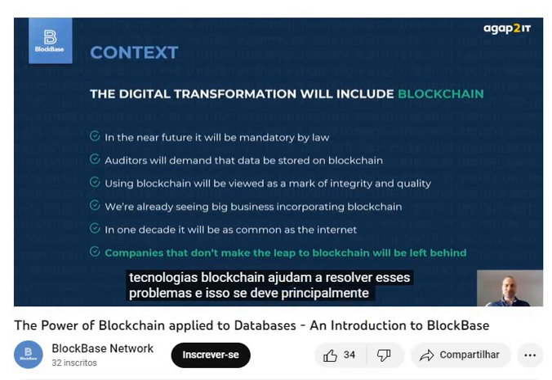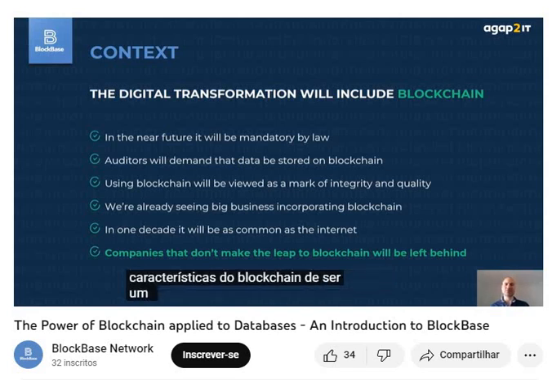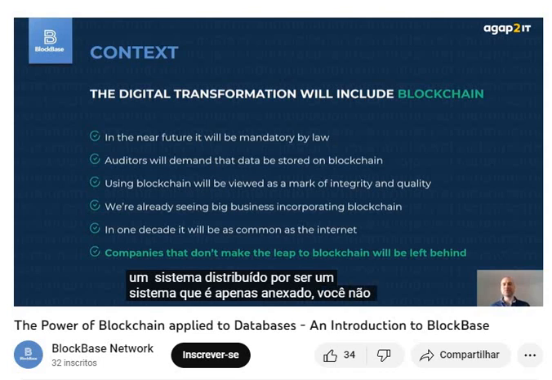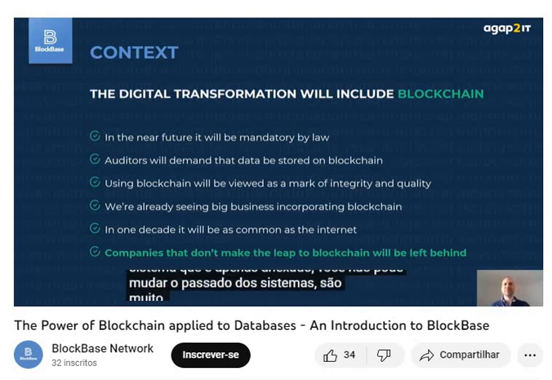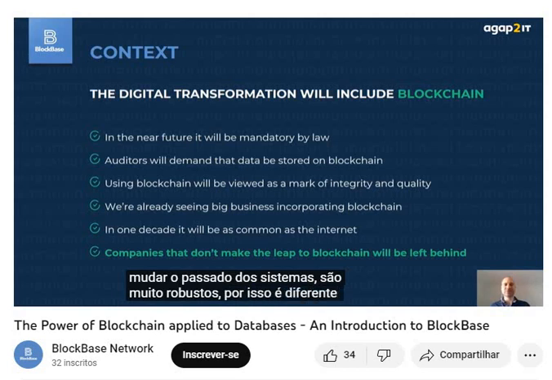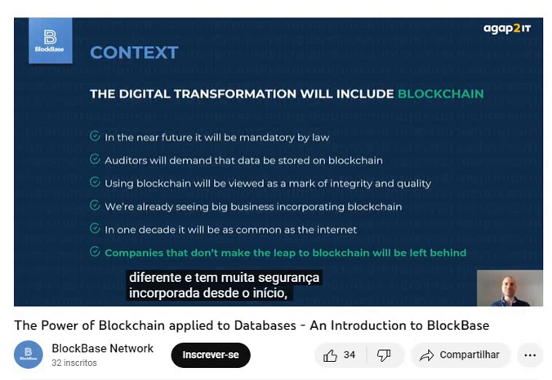And this is mainly due to the characteristics of blockchain, from being a distributed system, from being a system that's append only. You cannot change the past of the system. They are very robust, so it's a lot different from a traditional database, and has a lot of security built in from the ground up.